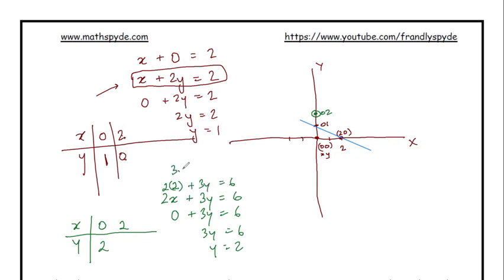So I get 3y is equal to 6 minus 4, which is 2. So my y is 2 by 3. So when x is 2, y is 2 by 3. So if this is 1, 2 by 3 somewhere here, this is my point.